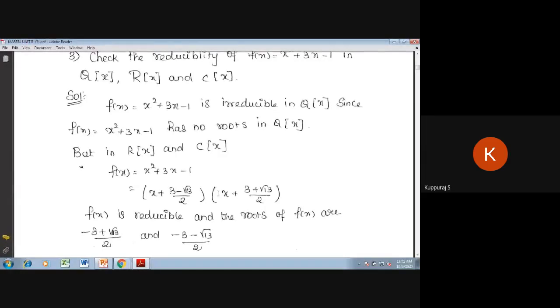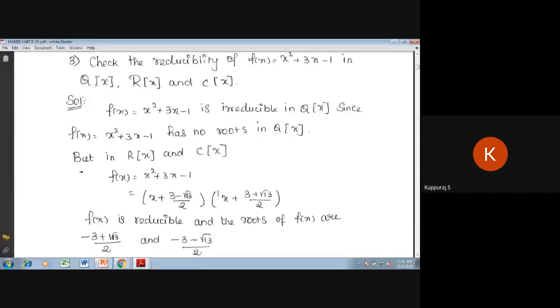Therefore minus 3 plus or minus root 13 by 2 belongs to the set of all reals and also belongs to the set of all complex. Therefore, at the same time, the same polynomial is irreducible over the set of all rational polynomials.